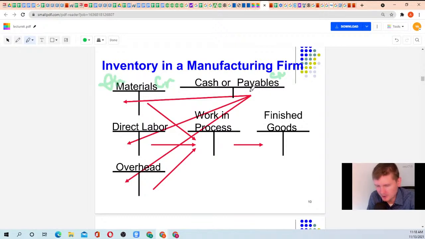You buy materials, you buy labor, you buy some overhead. You spend money on overhead eventually, like utilities. Then you allocate that to work in progress. That's debit work in progress, credit whatever we have here. And when work in progress is done, you allocate the costs to finished goods.